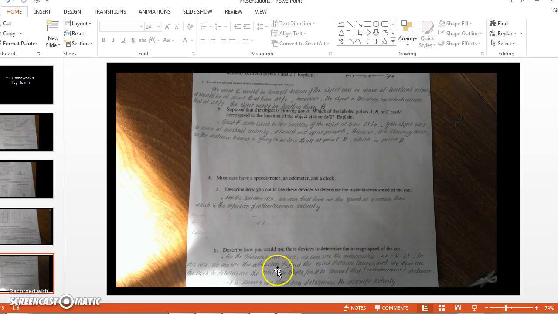In this case, we can use the odometer to find the total distance traveled, or the displacement, and then we can use the clock to determine the total time elapsed to travel that distance. So you already know delta t and delta x, and then you can solve for v, which is the average velocity over that period of time.